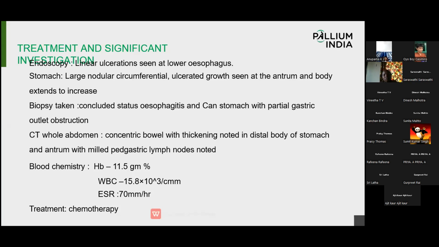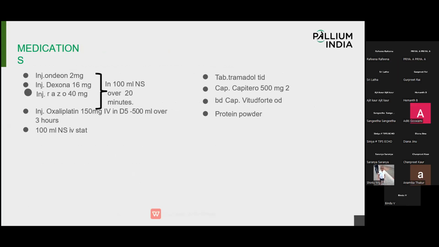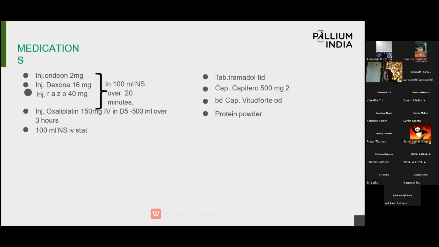Blood chemistry: HB 11.5, WBC 15.8, ESR 70 mm per hour. Treatment: chemotherapy. Medication: injection Ondem 2 mg, injection Dexona 16 mg, injection Rantac 40 mg in 100 ml NS over 20 minutes, injection oxaliplatin 150 mg IV in D5 500 ml over 3 hours, 100 ml NS IV stat.